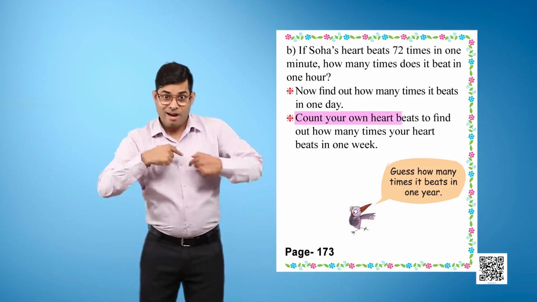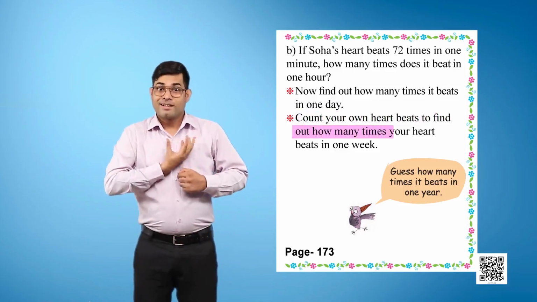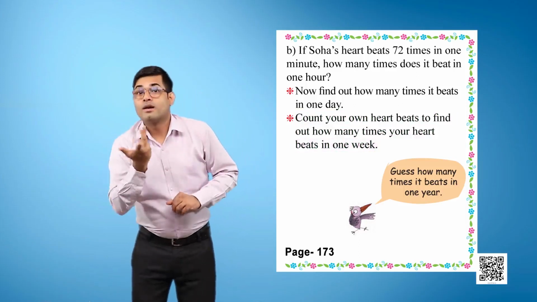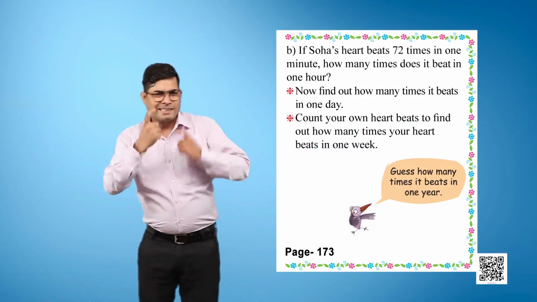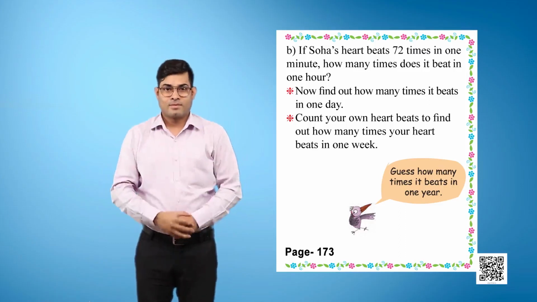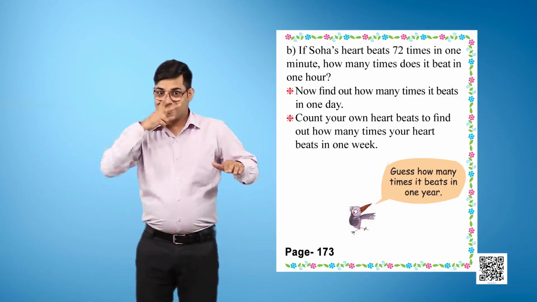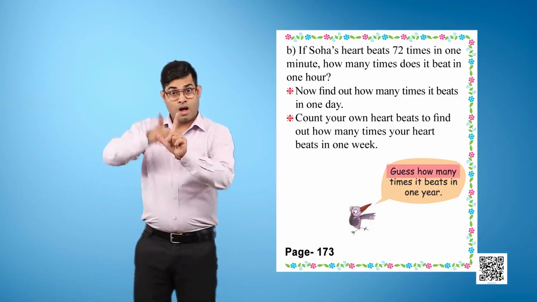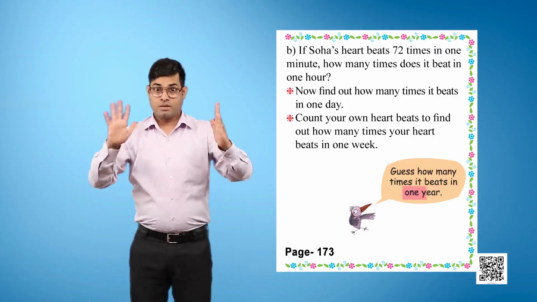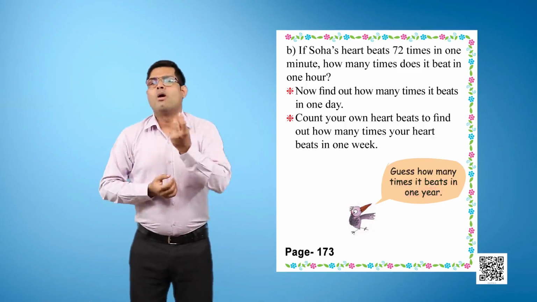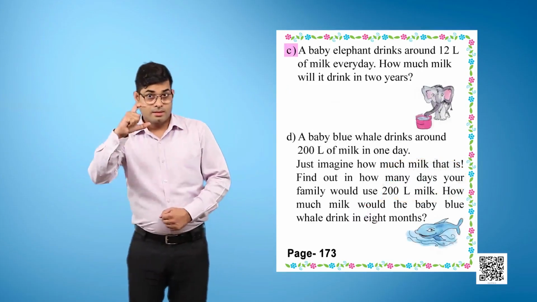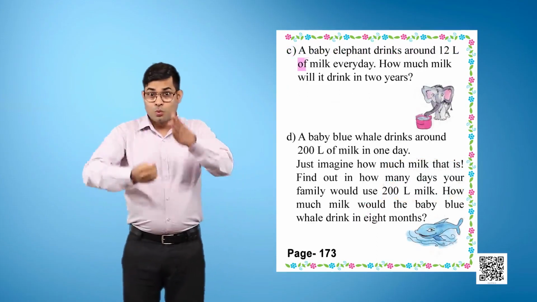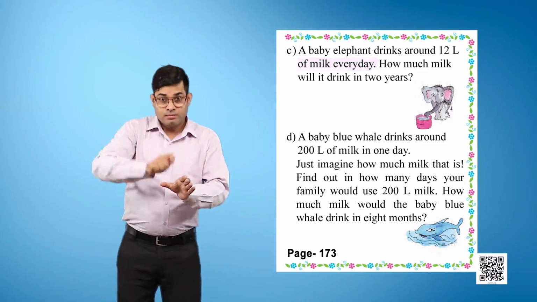Count your own heartbeats to find out how many times your heart beats in 1 week. And here we have another bird asking us, guess how many times it beats in 1 year? C. A baby elephant drinks around 12 liters of milk every day.